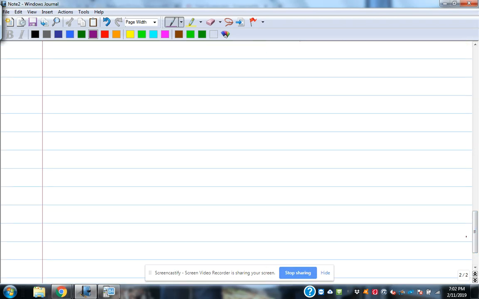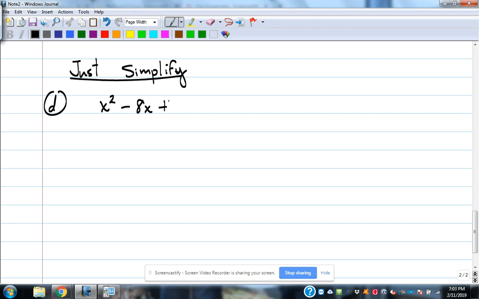Anyway, all right, so let's look at this one. Let's just simplify. Don't worry about the domain on this one. We'll get plenty of practice with that. Just simplify. Don't worry about domain. So, x squared minus 8x plus 16, and then throw a little curveball in it: 8x minus 2x squared.